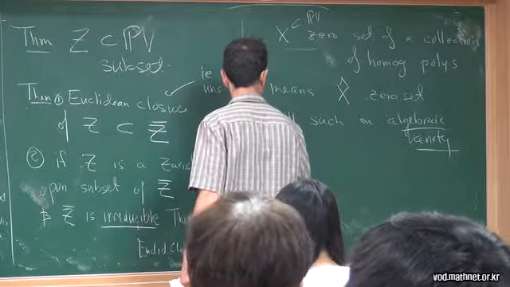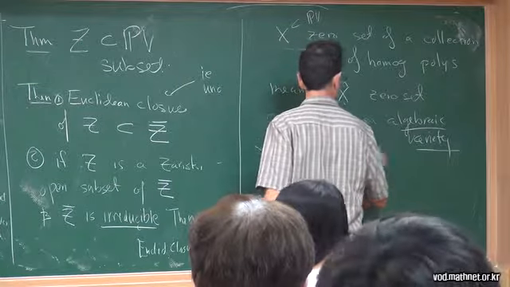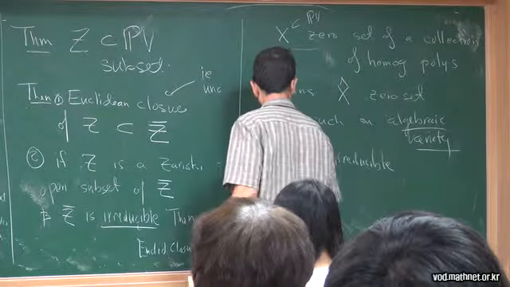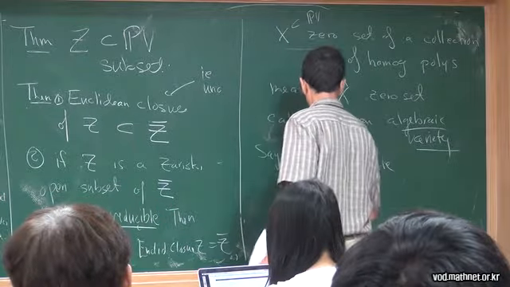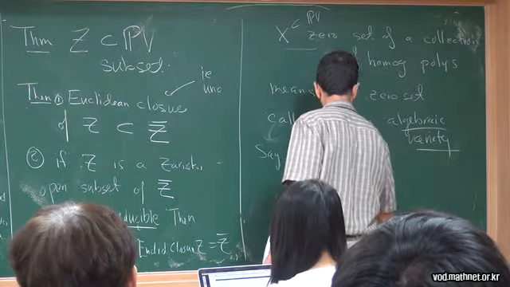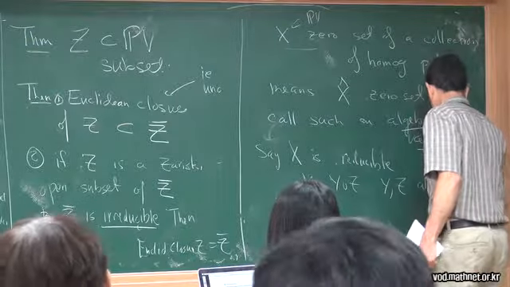And we'll say X is reducible if X can be written as Y union Z, where Y and Z are algebraic varieties and non-trivial.